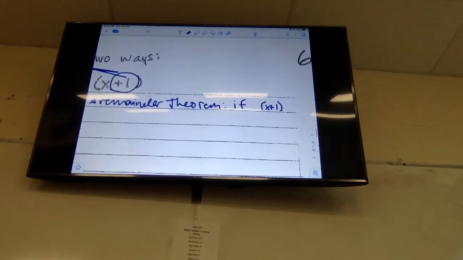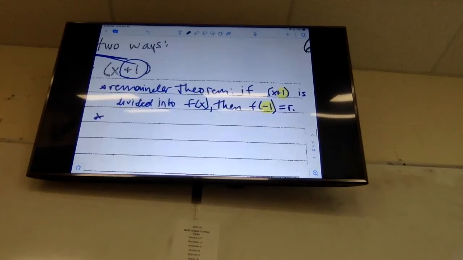If x plus 1 is divided into f of x, then when I plug -1 into my function, we're going to get out the remainder. So all I'm saying is if I take the number that they wanted from me and plug it in instead of doing long division or synthetic division, that's the same thing as getting the remainder.